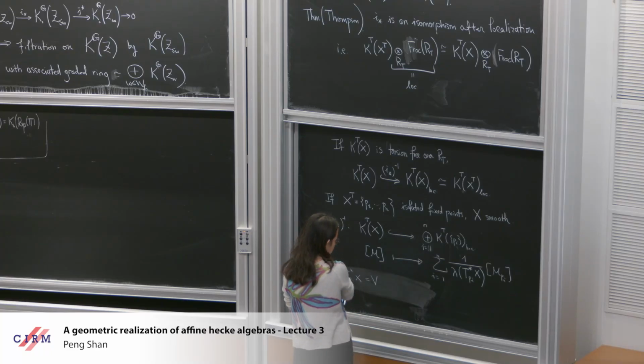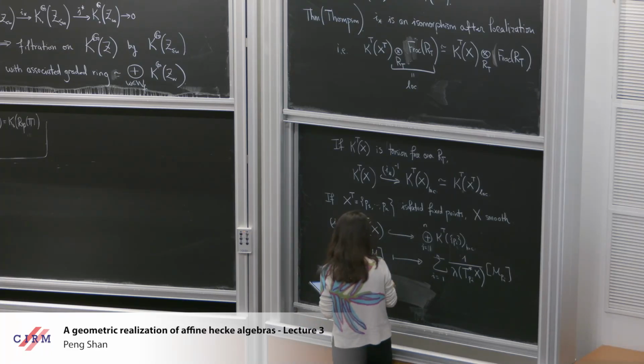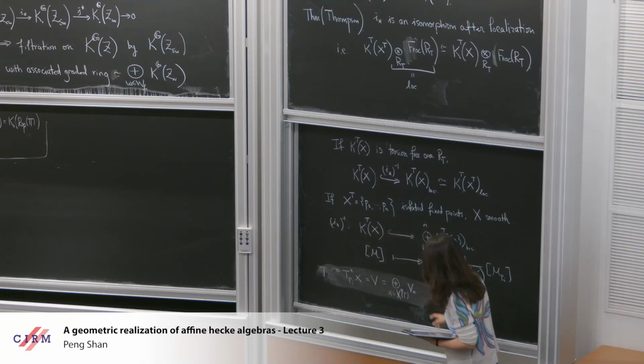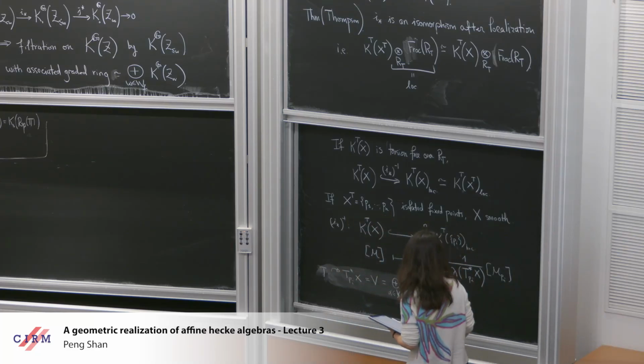You decompose this V into eigenspaces for the action of the torus, so it's indexed by the characters of the torus. It runs for alpha belonging to X star of T, of some V_alpha. So these are some weight spaces.